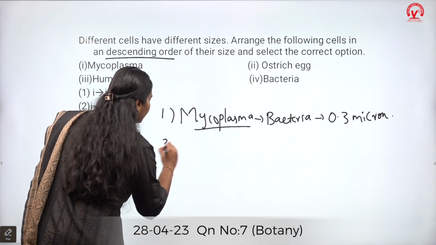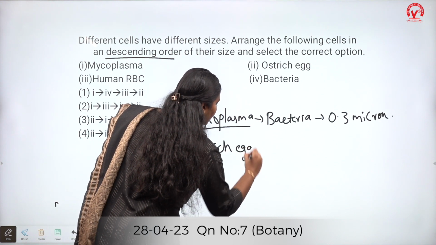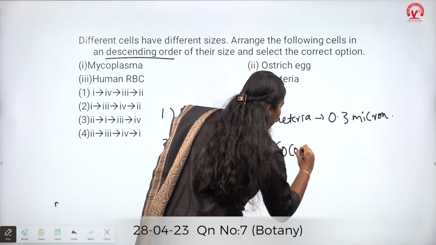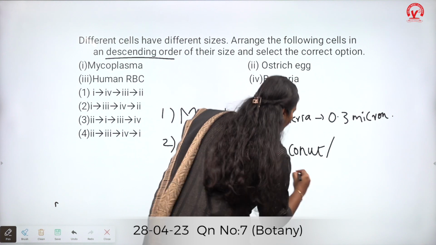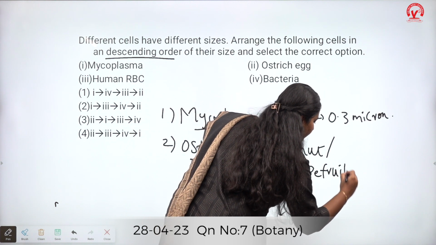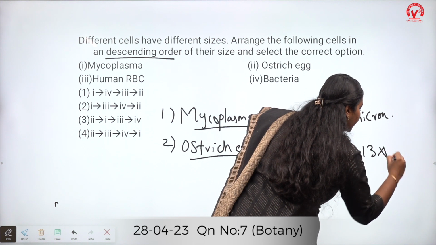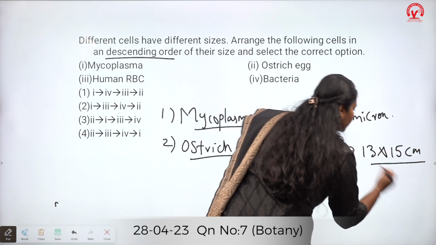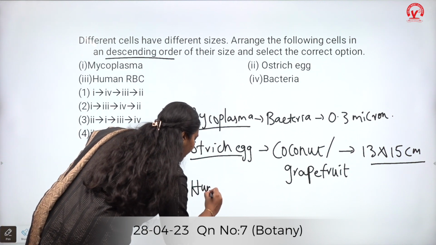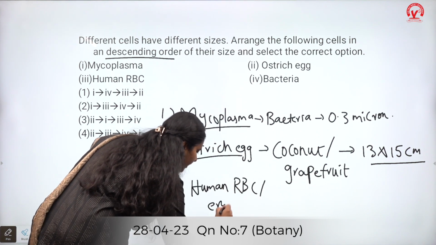The second option is the ostrich egg, usually the size of a coconut or a large grapefruit, about 13 by 15 centimeters. The third option is human red blood cells, which you already know are also called erythrocytes.